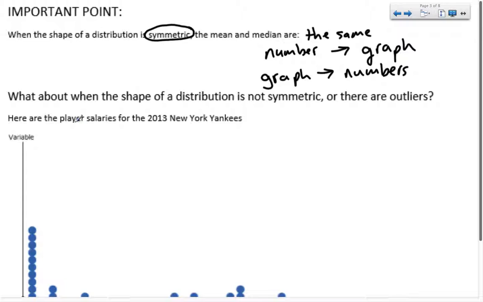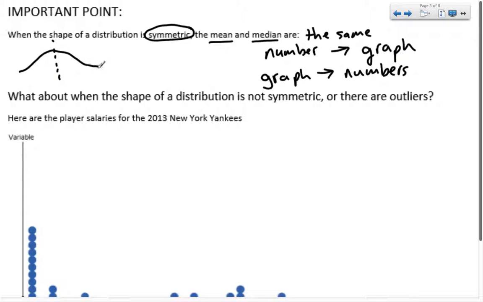Technically, a graph or a set of data is exactly symmetric when the mean and the median are the same, or when they're equal. So anytime a graph, whether it looks like this, is perfectly symmetrical, you're going to see that middle point right here be the median, but it will also be the mean, or your average.